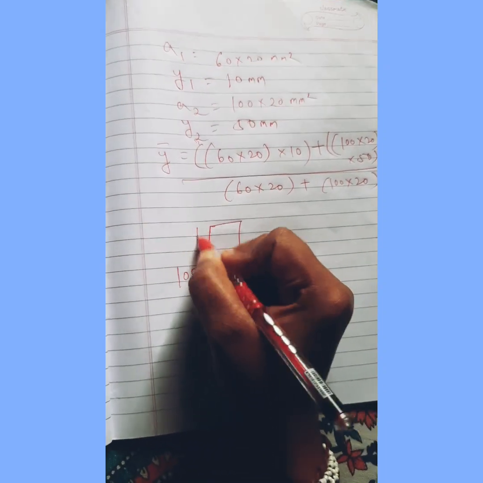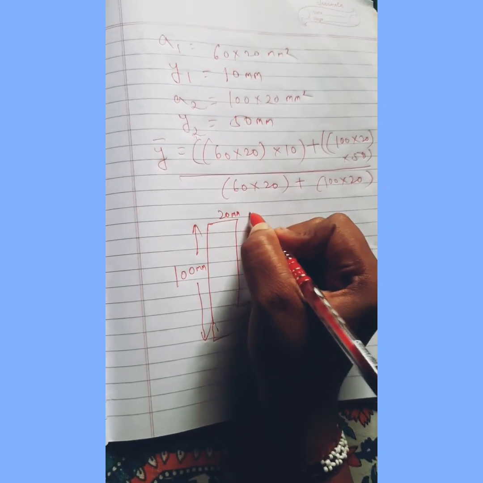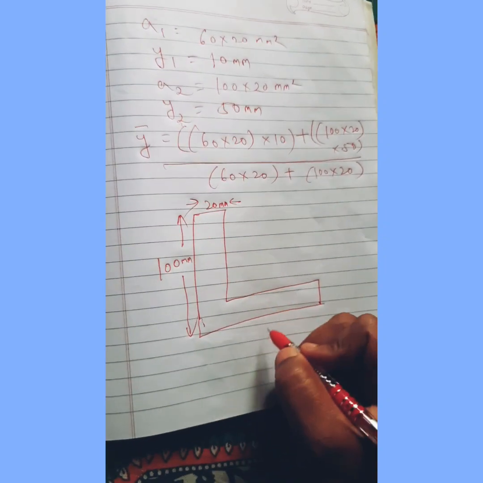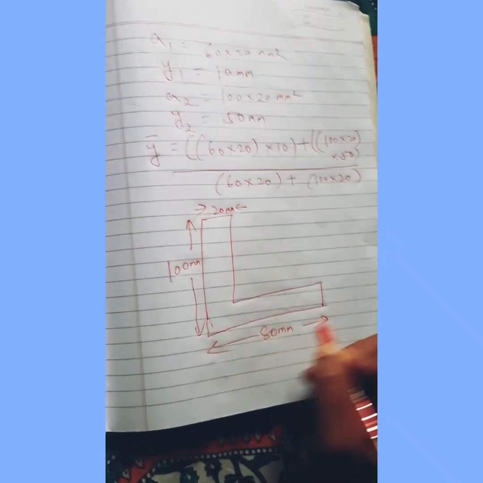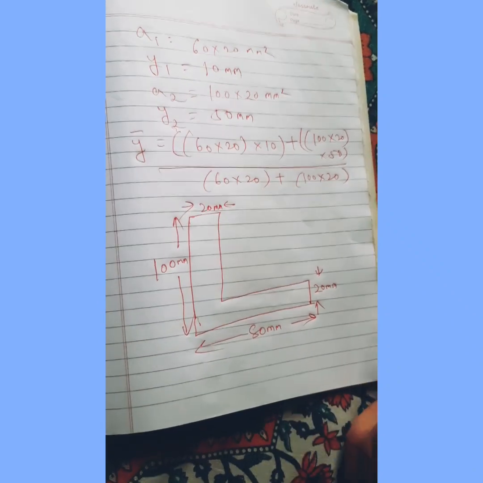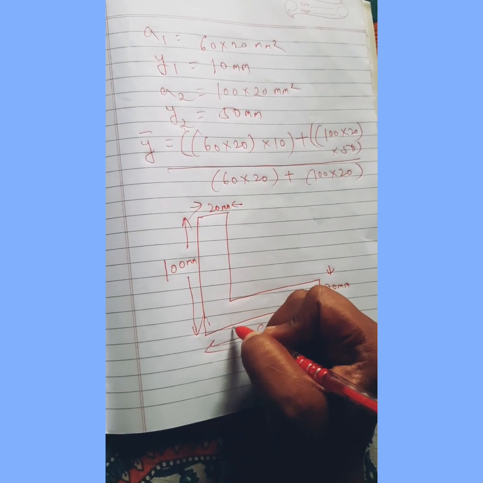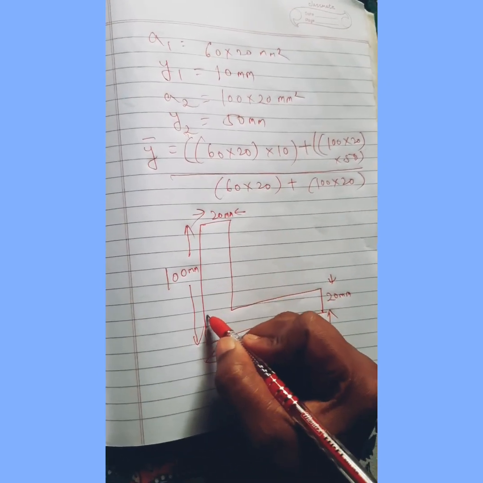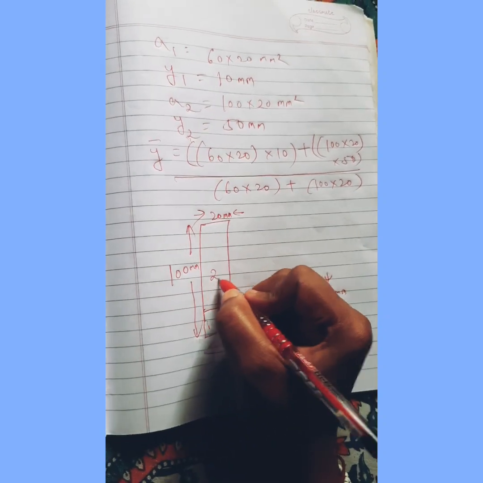This side is 100 mm, this is 20 mm, and this total is 80 mm, this is 20 mm. Earlier we divided it like this, this is section 1, this is section 2. We can divide it like this also. This part is section 1 and this part is section 2.